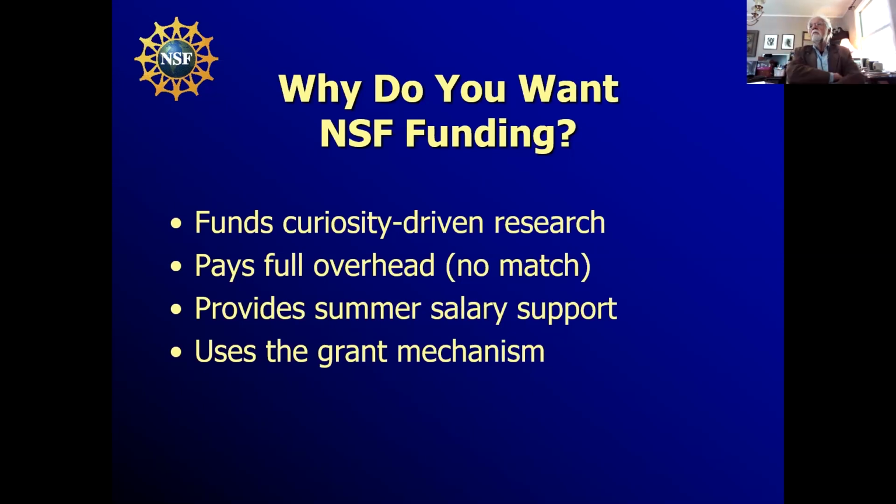This is why your dean loves it when you get money from the National Science Foundation. If you're going to do $150,000 research, typically the check from NSF would be $150,000 if your indirect cost rate is 50%, and many schools are. This makes your administration very, very happy with you.